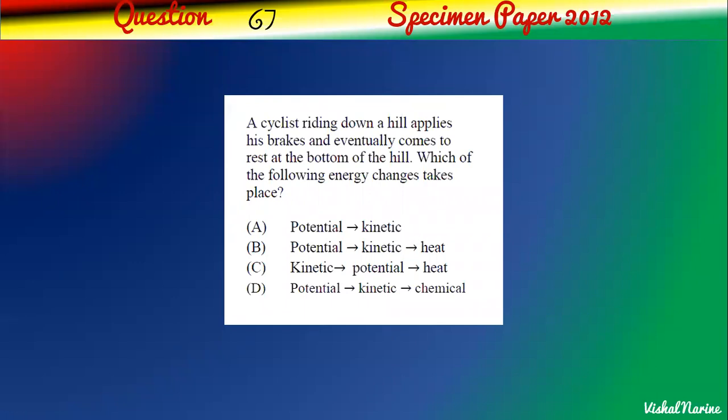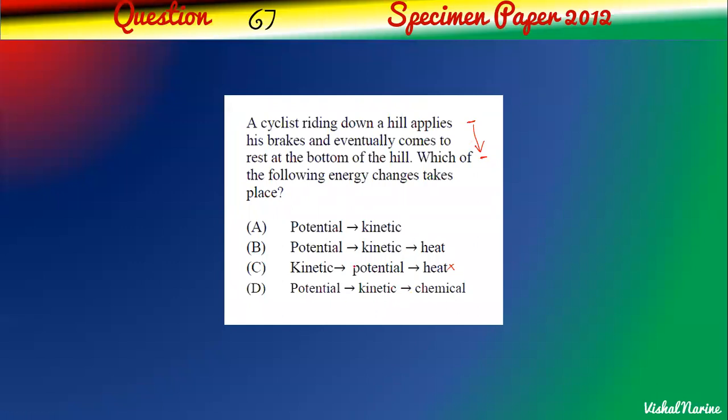67. A cyclist riding down a hill applies his brakes and eventually comes to a rest at the bottom of the hill. Which of the following energy changes takes place? If somebody is riding down a hill, it is changing the distance basically, so we expect the energy change to involve potential energy. Or else we can say that this is wrong right away.